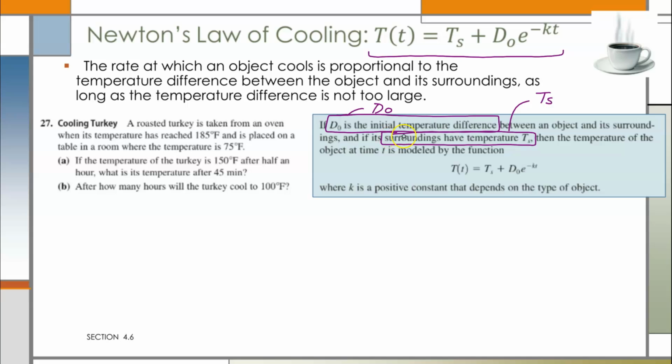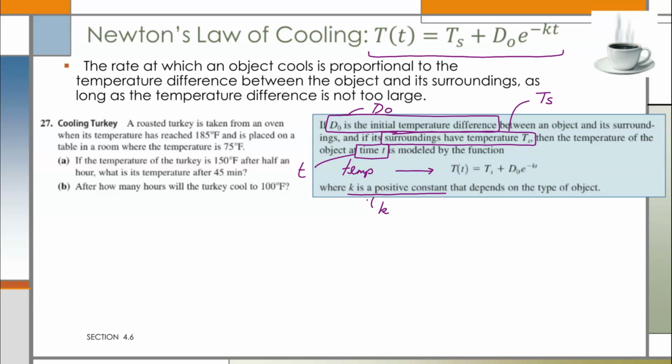If its surroundings have temperature Ts, then the temperature of the object at time t, which is what Newton's law of cooling represents, is modeled by the following. K is the positive constant that changes with different types of objects.